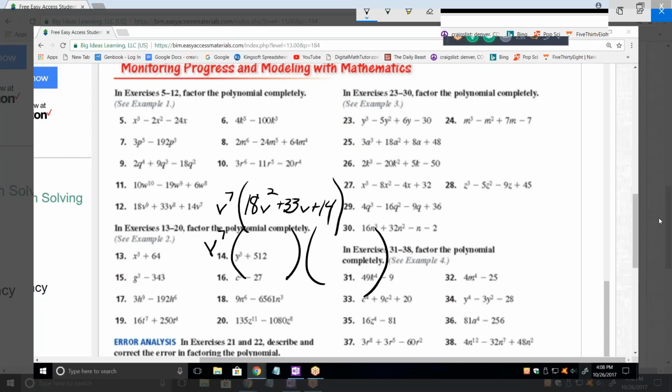What's the best way to break up the 18v squared? In other words, that's always the first step in factoring, is split that up. So it could be 18v times 1v, or it could be 9v times 2v, or it could be 6v times 3v.